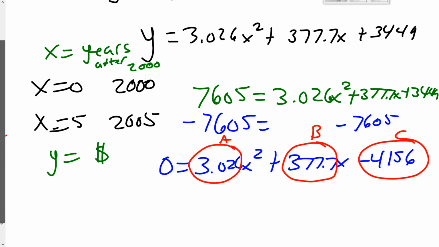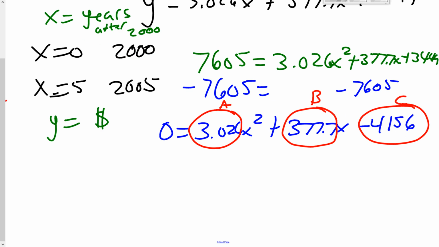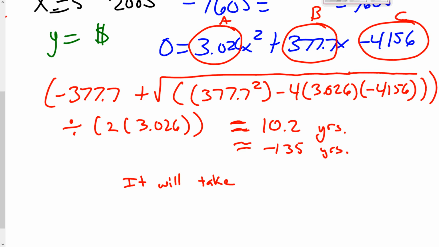I'm just going to do this on a calculator and show you how it looks when I type it in. Different calculators look different, but basically this is how you type it in. You do parentheses, a negative, and then your B, and then you add the square root of. When you press the square root button, some calculators will type the parenthesis in, so then you have to add a second one.